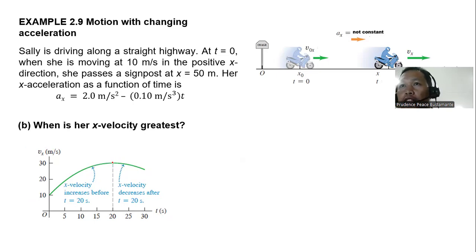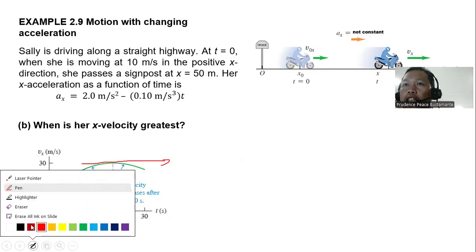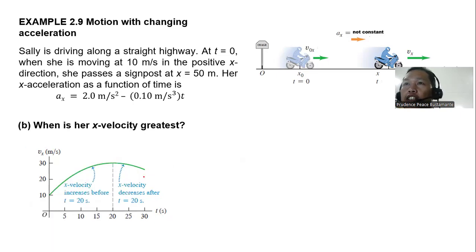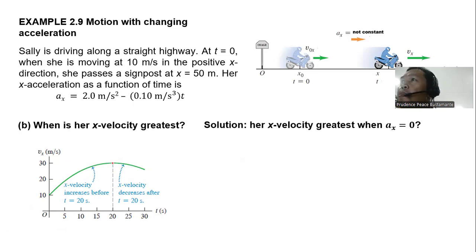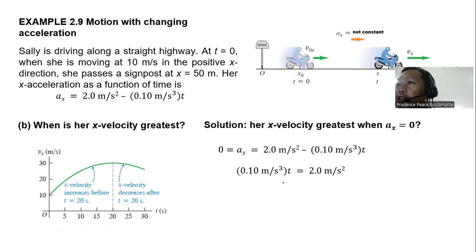At the maximum velocity, Vmax, the slope of your velocity looks like that. So meaning your acceleration at the maximum velocity is equal to 0. So when is that? When you equate that acceleration to 0, you can solve for time t.